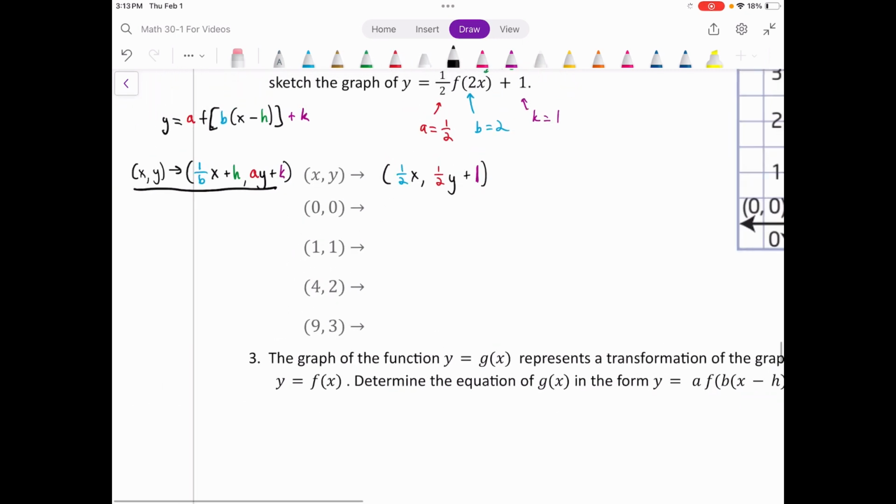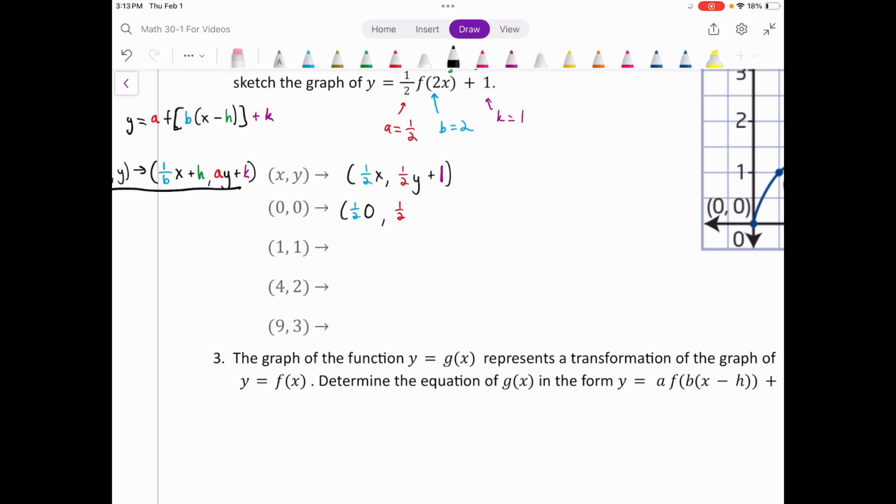So 0, 0 is going to be now at 1/2 times 0. And then the y will be at 1/2 times y, which for this point is 0. Its y value is also 0, plus 1. Okay, so I'll just do another arrow there just to show. So what does that give us? What's our new point?